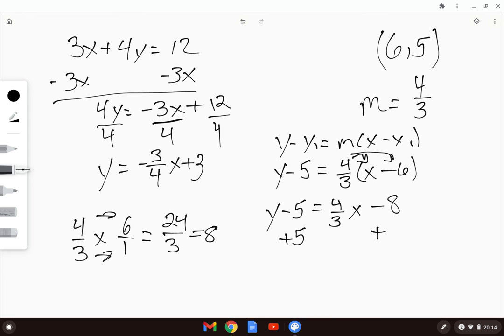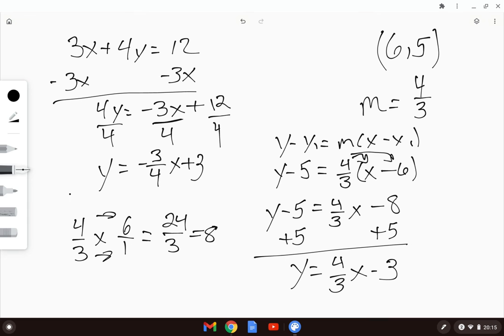Add 5 to both sides, and I have y equals 4/3 x minus 3. So the equation of the line that is perpendicular to y equals negative 3/4 x plus 3 that passes through the point (6, 5) is going to be y equals 4/3 x minus 3.